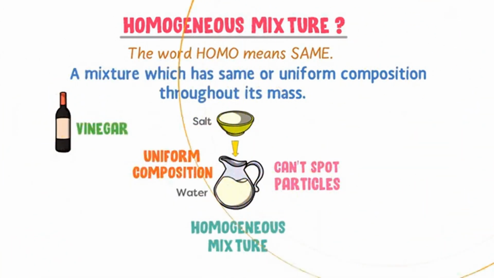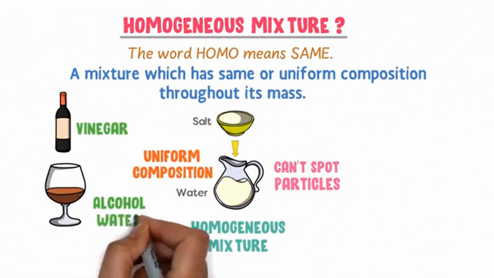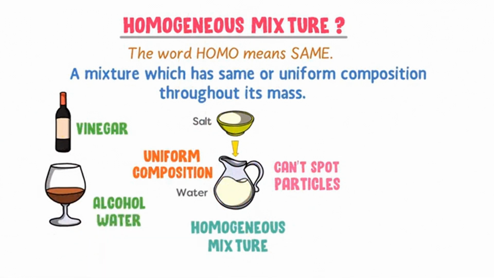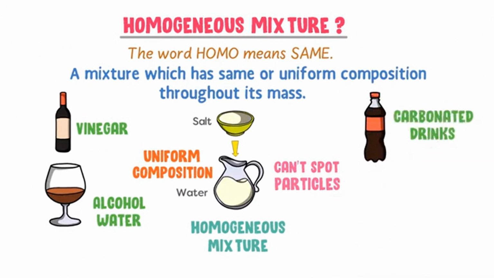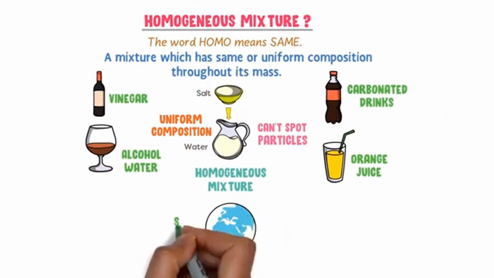Another example is vinegar. Another example can be alcohol and water. Another example can be a carbonated drink. Another example of homogeneous can be an orange juice. Let's see others.